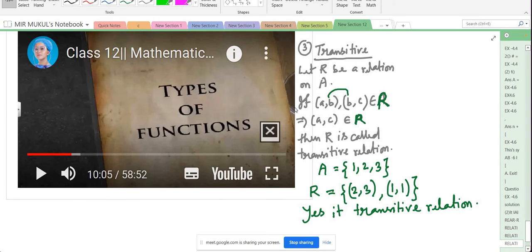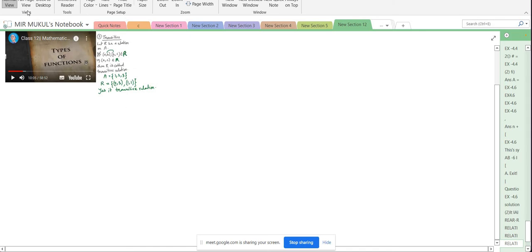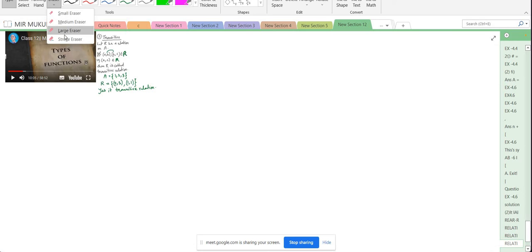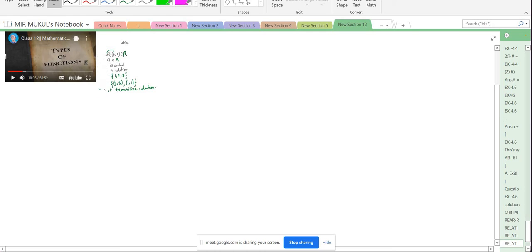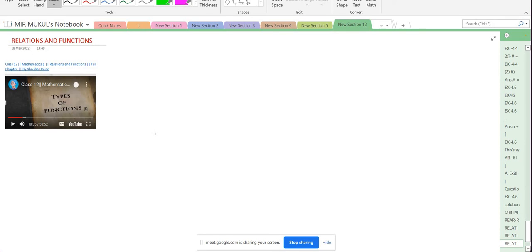So here we have learned what equivalence relations are. For functions, we'll make different videos. So that concept of relation we got. If a relation is reflexive, symmetric, and transitive, then we can say that it is an equivalence relation. So understood? Okay, fine.